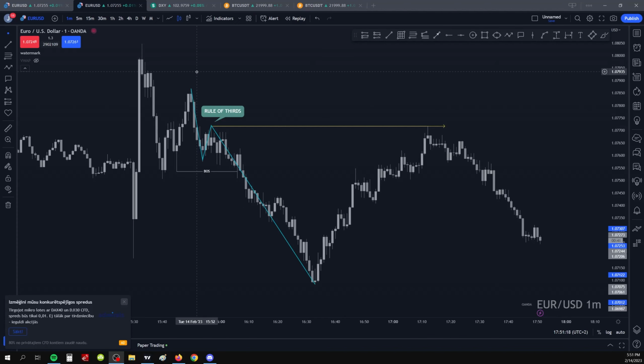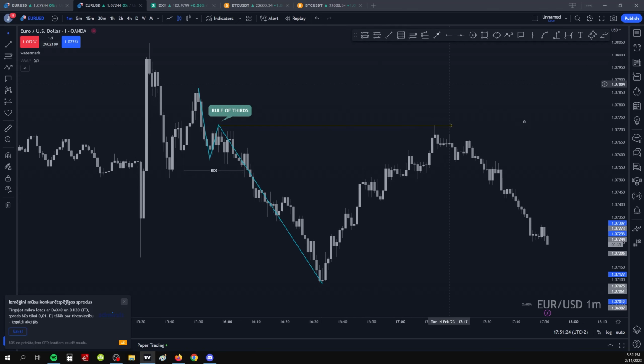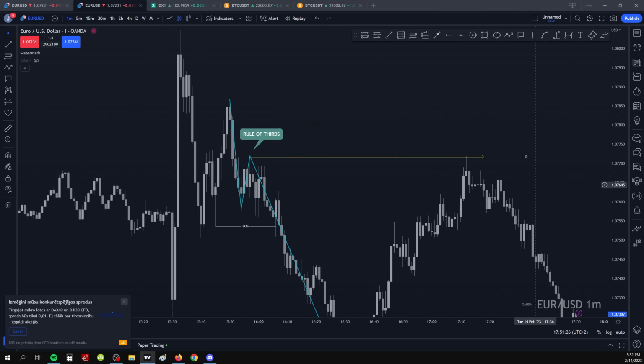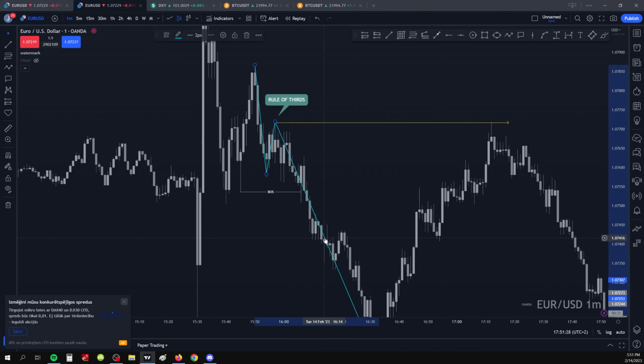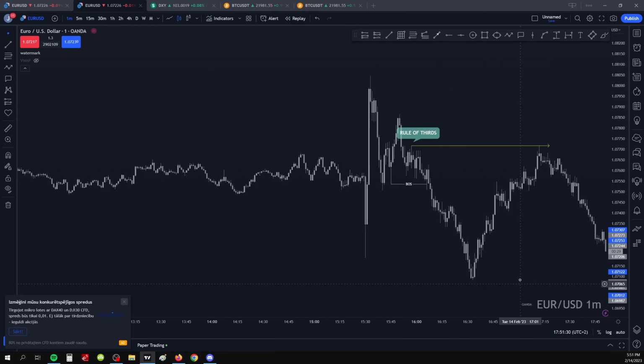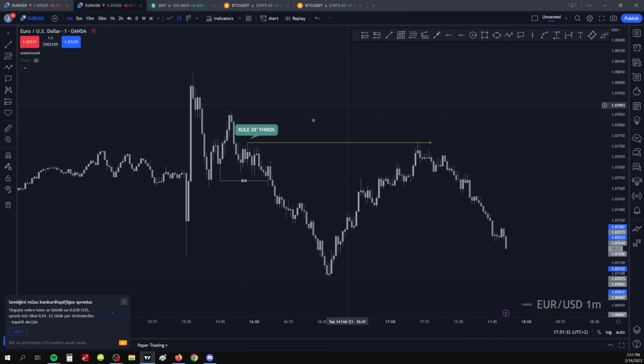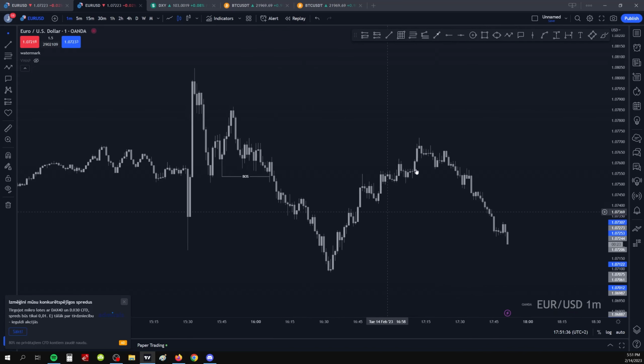I wanted to record a small video showing you the rule of thirds. So, right now, you can see what happened here, the price came back up and it was seeking liquidity.